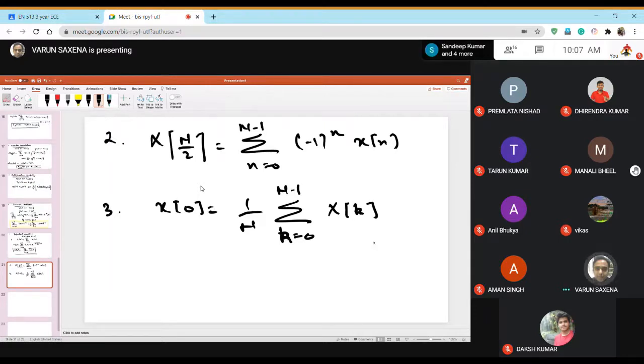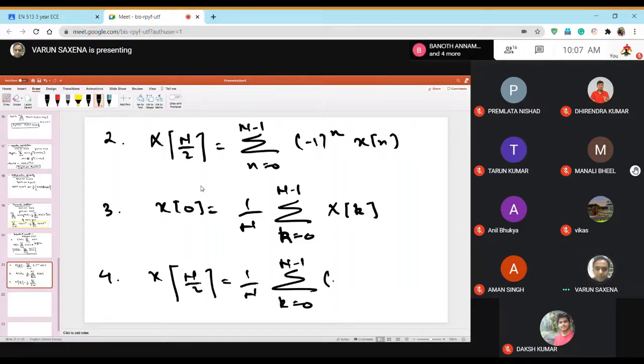You can write the standard definition of the inverse DFT and you will get this answer. And then you can write x[N/2], which will be equal to 1 upon N summation k equal to 0 to N minus 1 of minus 1 to the power k X[k]. So these are all the properties that we had to do.